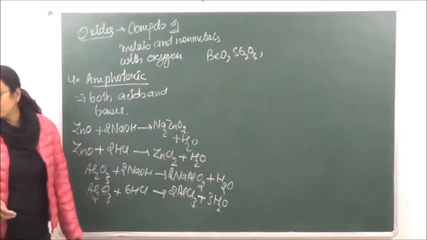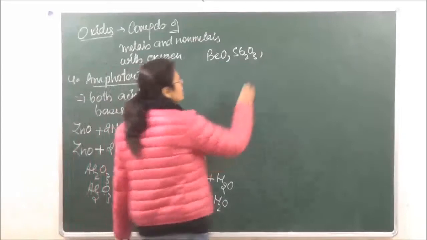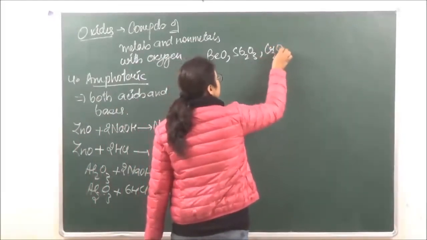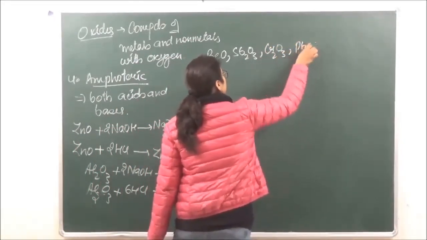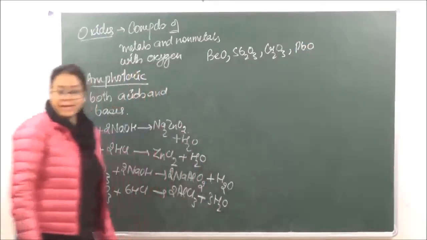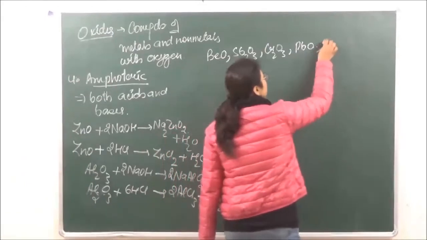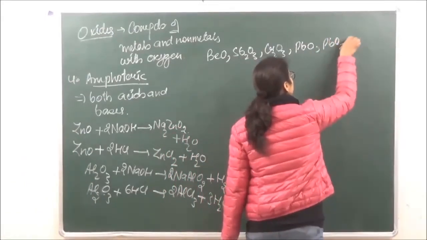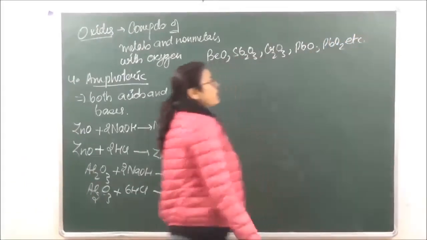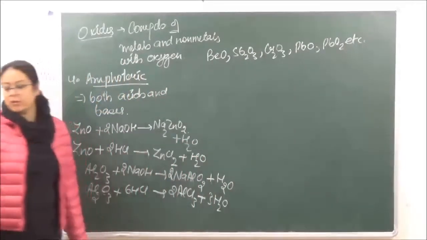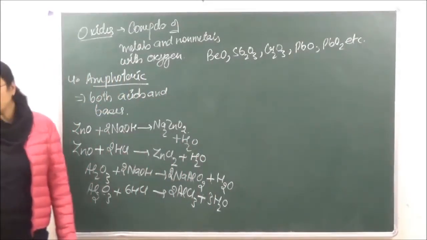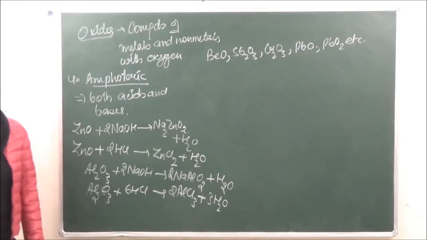Then we have chromium trioxide. Then we have PbO, lead oxide, and finally we have PbO2. So these are a few examples of amphoteric oxides. Amphoteric oxides are going to behave as both acids as well as bases.